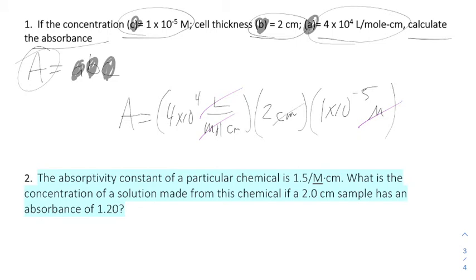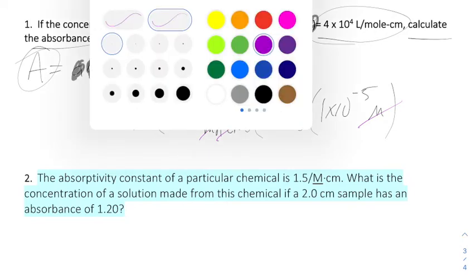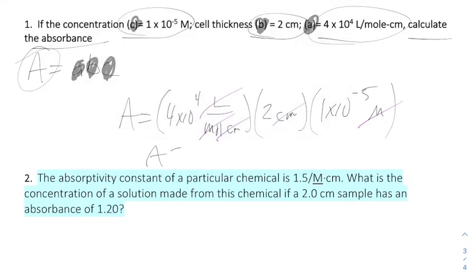And you've got a centimeter on top and a centimeter below, so everything canceled, and you have a unitless absorption number here. And if you plug everything in and do the right math, you end up with an answer of 0.8 units. And this is one of the few things in science that will actually be a unitless number. The absorption is just 0.8.